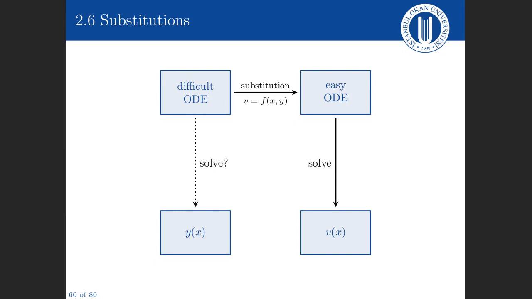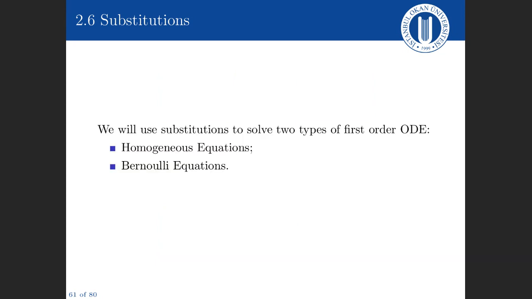Then we solve the easy differential equation and then substitute again to get to y. In this course, we're going to use substitutions to solve two special types of first order differential equation. We're going to solve homogeneous equations and we're going to solve Bernoulli equations.